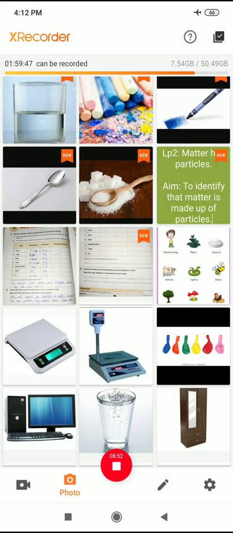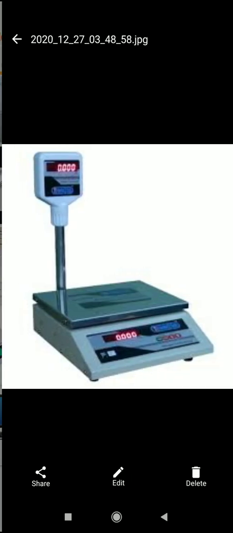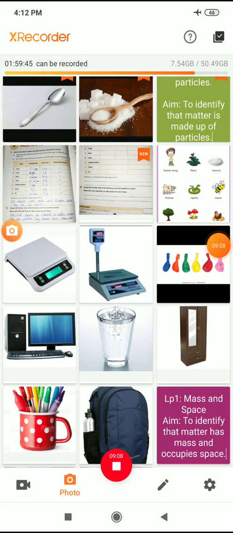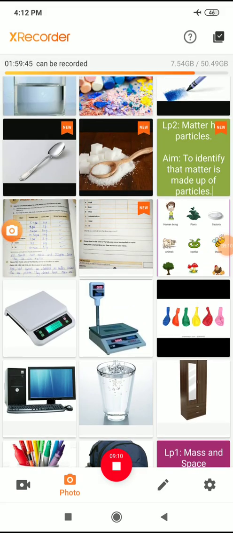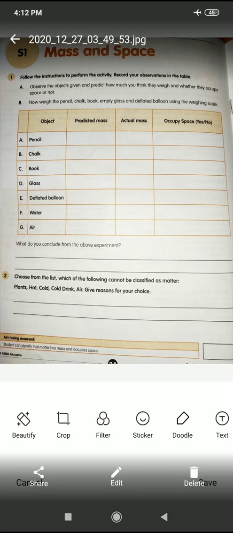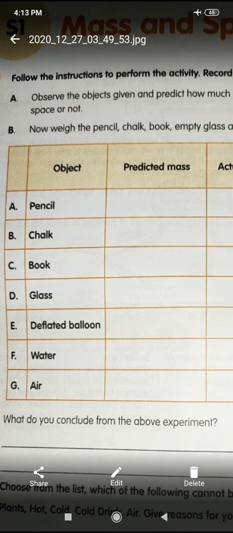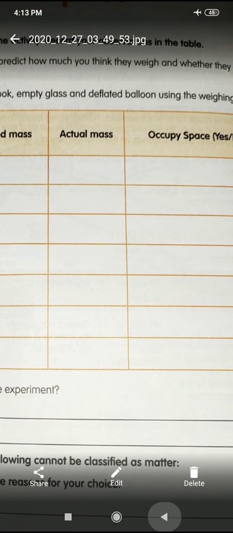So here we have completed LP1. Now we will go through LP2. If possible, students, if you have a weighing machine, please do all this. Measure the mass of all these objects given in Volume 3. If you have all these things, weigh them all, then you can predict their mass, right?